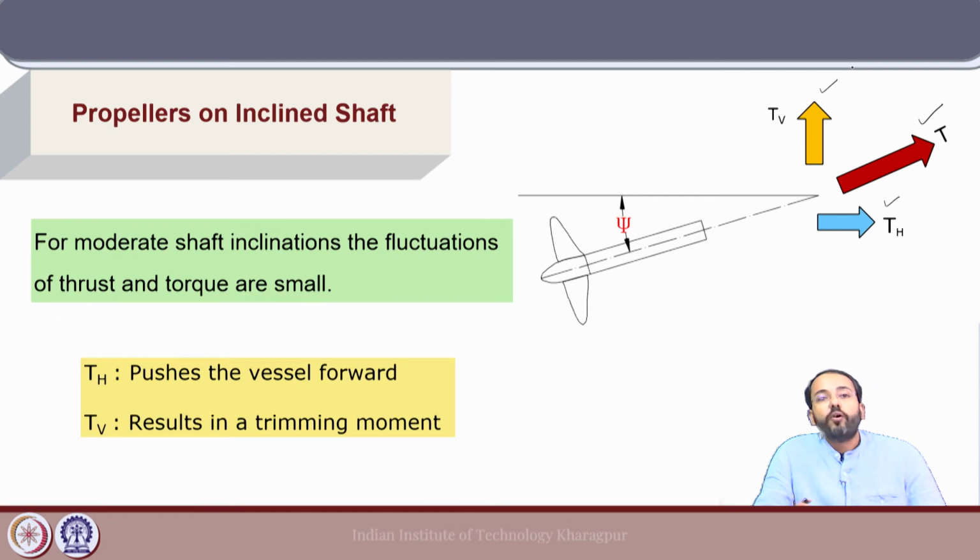Now, this horizontal component of the thrust for propellers on inclined shaft pushes the vessel forward. On the other hand, the vertical component results in a trimming moment that depends on the operational condition of the ship and the value of thrust generated by the propeller.